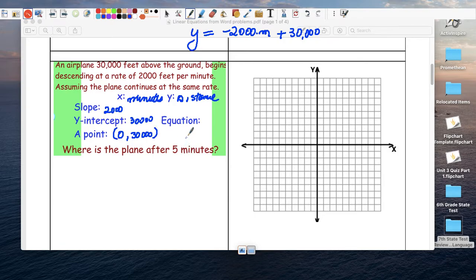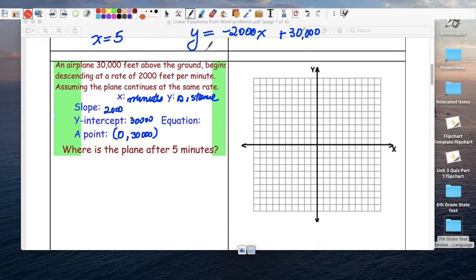Where's the plane after 5 minutes? So we can solve that right now, right? So remember, I don't know why I wrote m. It should be x, right? So time. So our x value is 5 minutes. So to find out where the airplane is after 5 minutes, we can just plug it in.